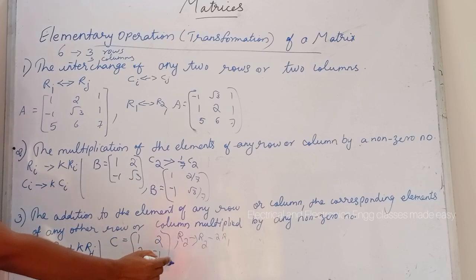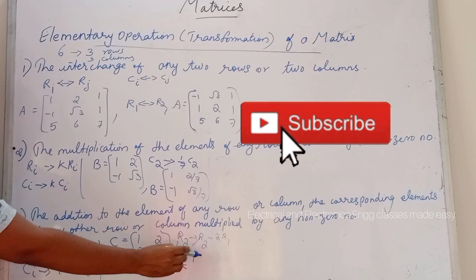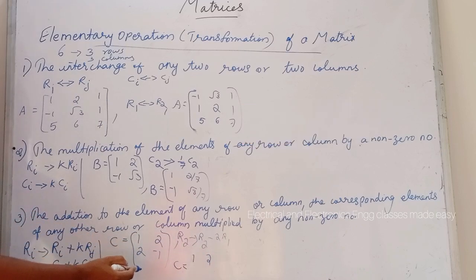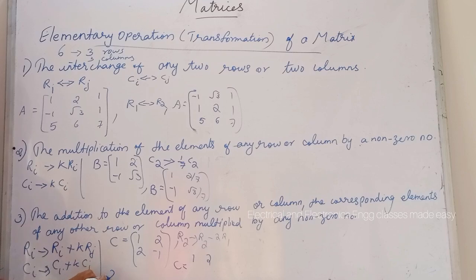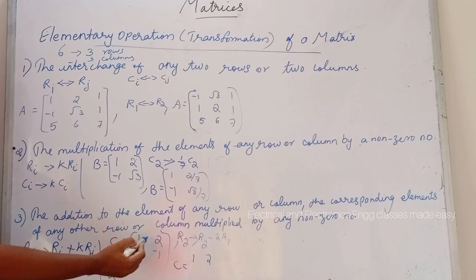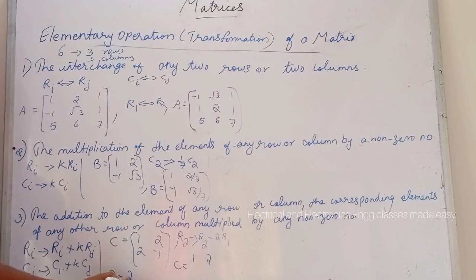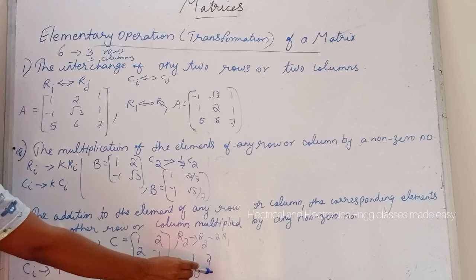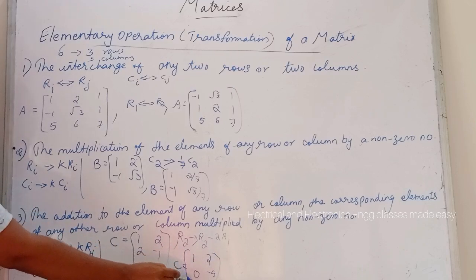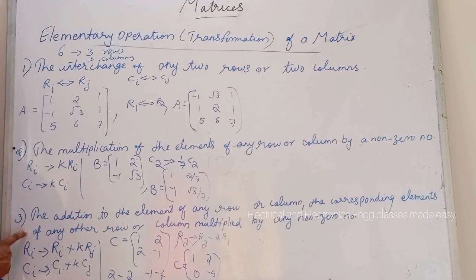The first row is no change, so 1, 2. R2 minus 2R1 means we have to multiply first row elements with 2. So here first element we will get 0, then second case it is minus 1 minus 2 into 2, that is 4. So here we will get minus 5. So this is the third rule.